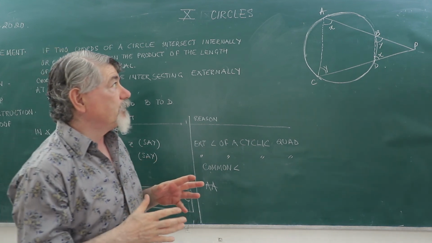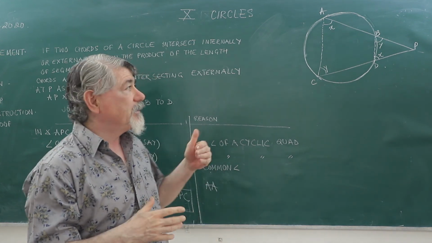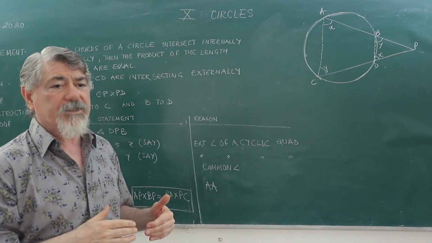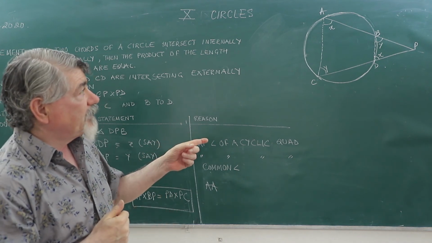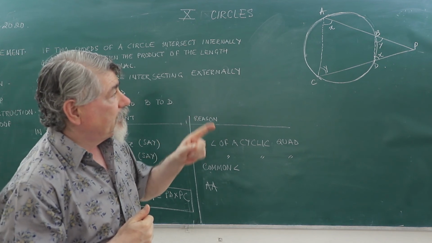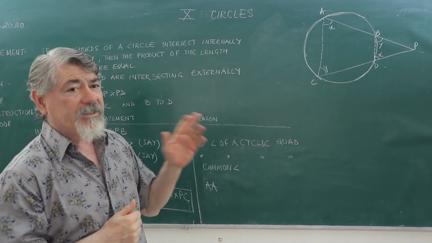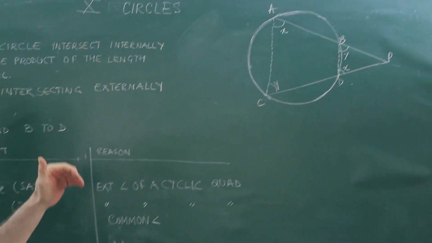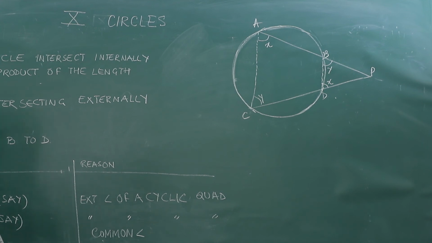And second was that exterior angle of a cyclic quadrilateral is equal to the interior opposite angle of the cyclic quadrilateral. So here I have said angle CAP is equal to angle BDP, because BDP is the exterior angle of the cyclic quadrilateral, because we have extended one side of the cyclic quadrilateral.